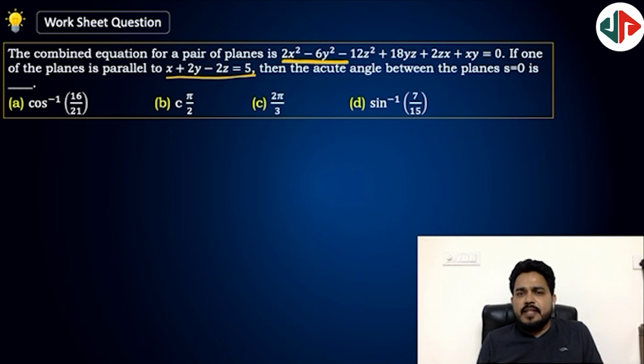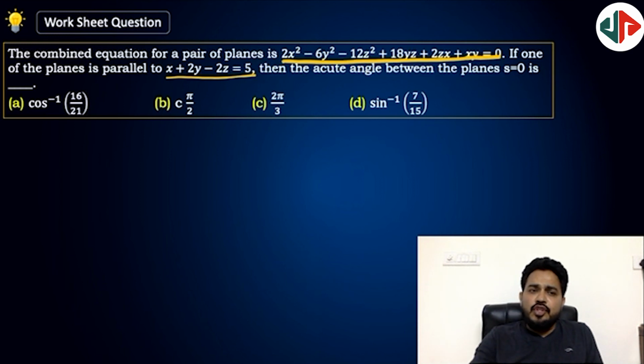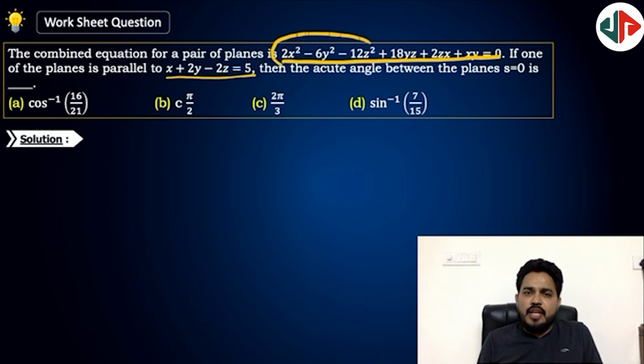So this is a pair of planes. What you need to do is take this portion and split it into two parts. So this is 2x square minus 6y square minus 12z square. One plane is parallel to this one.